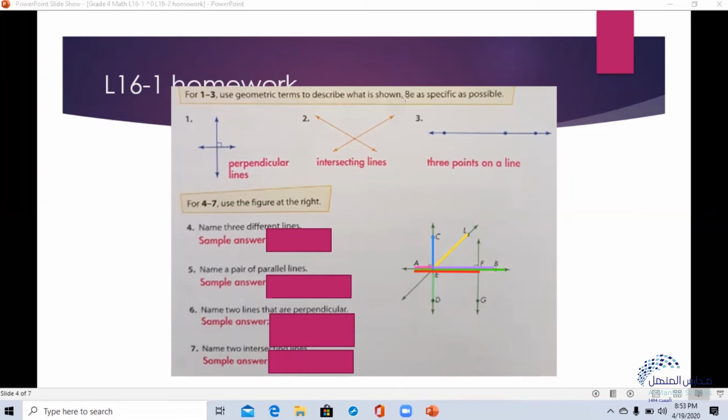Now let's go further to say C and D is a line. I can even say that F and G is a line, and a black line, B and F, is a line. So there are different types of lines. All of those answers are different types of lines. Let's look at this answer.